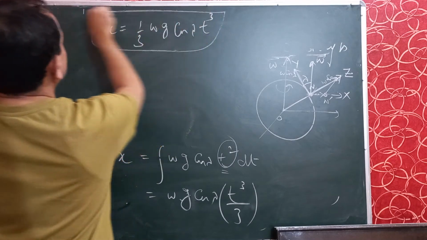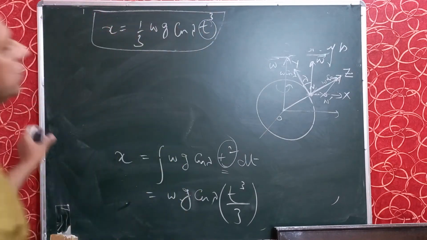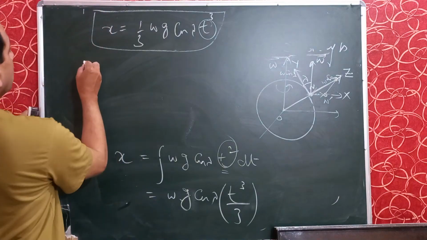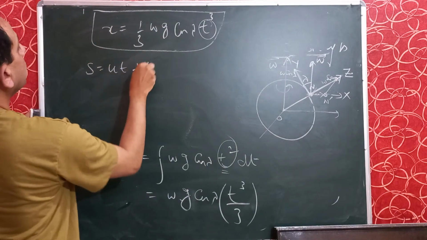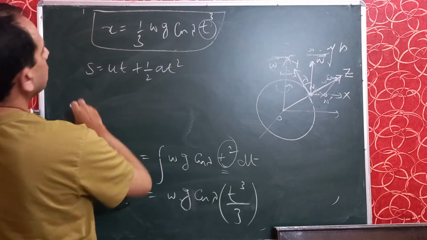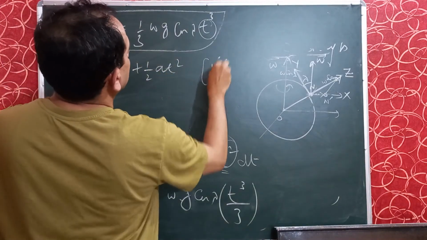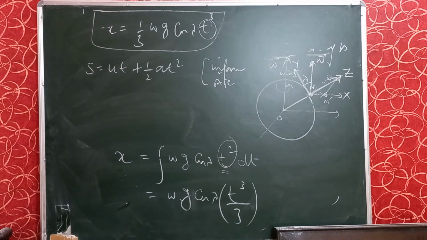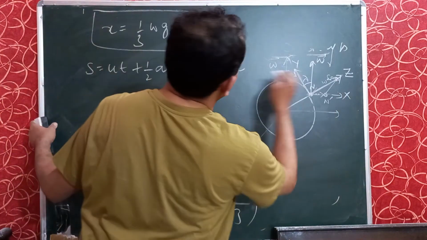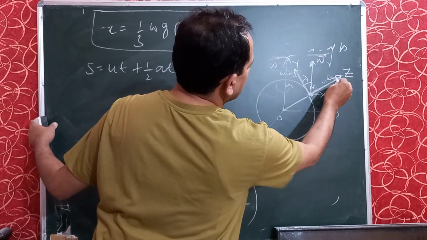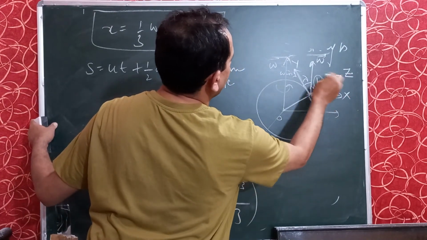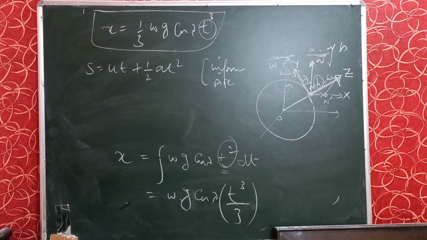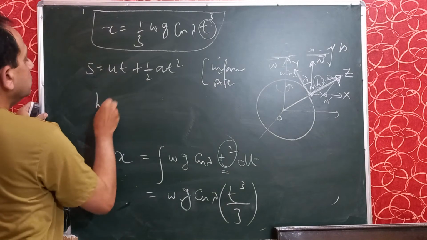This is x. So we will put the value of t by again using the formula for uniformly accelerated motion, S is equal to ut plus half at square. Let the body be dropped from this point, and the distance from this point to the end point is h, the height from where the body is dropped. So S is taken as h.